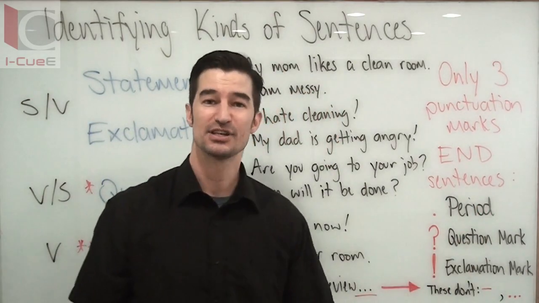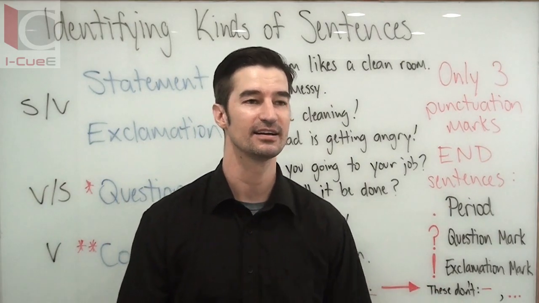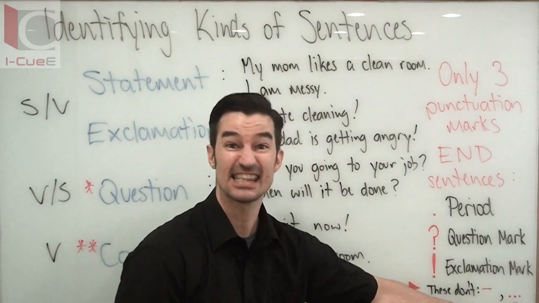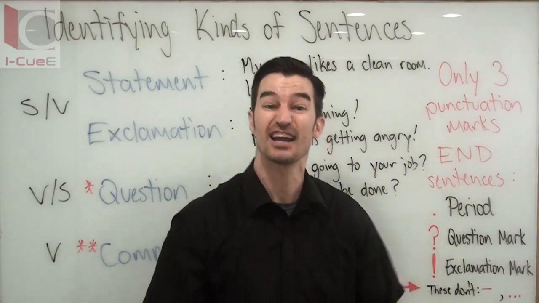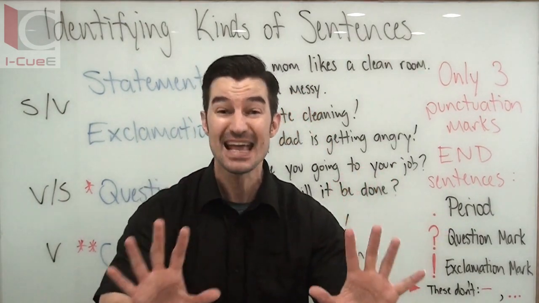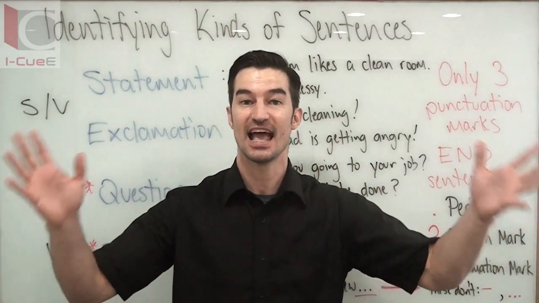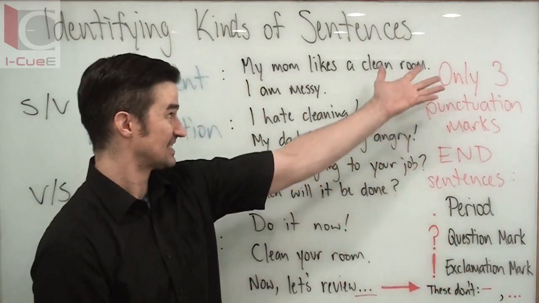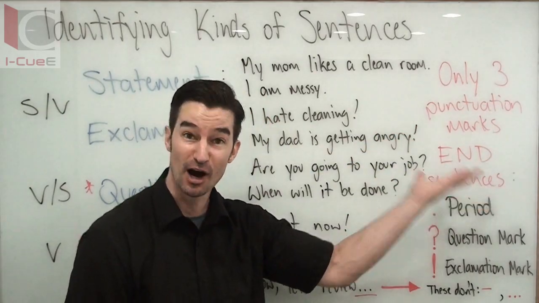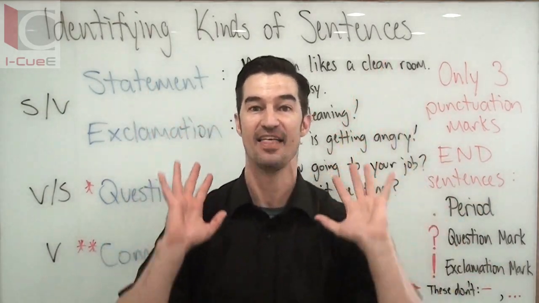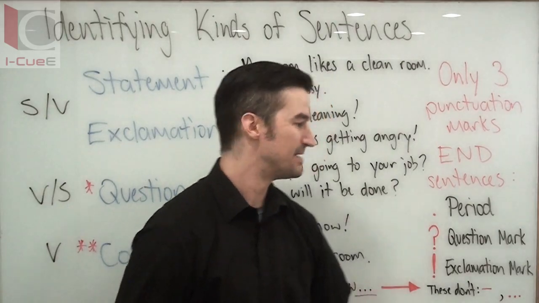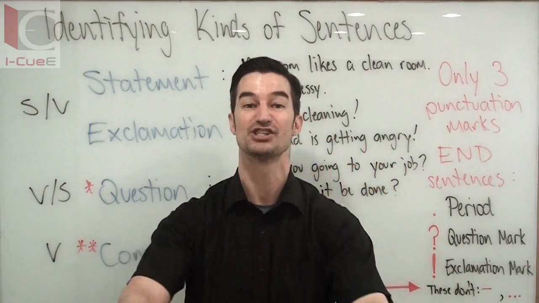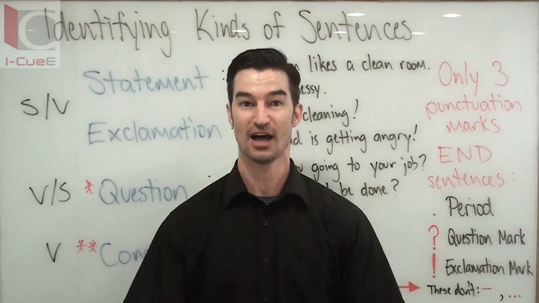Or if I'm just, kind of talking and then... That's the ellipses, the dot at the end of a sentence, and it means it's not a complete thought. So, I know that we like to say only 3 punctuation marks end sentences, and that's true. Because when you see these, it means the sentence was not complete. It's not a complete thought.